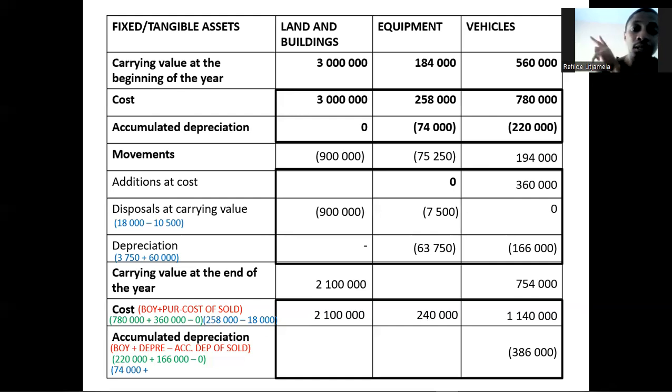The accumulated depreciation of the asset sold at the date of sale will be 10,500, and that will give us 127,250. Okay, that is accumulated depreciation at the end of the year, therefore giving us carrying value at the end of the year of 112,750. And that is what we are going to have, right?